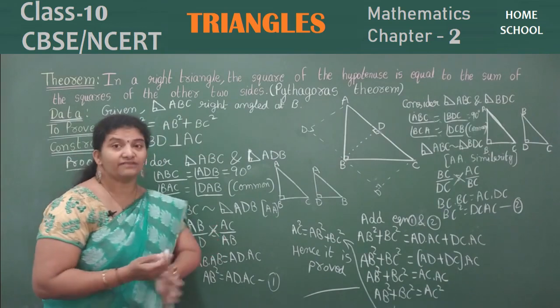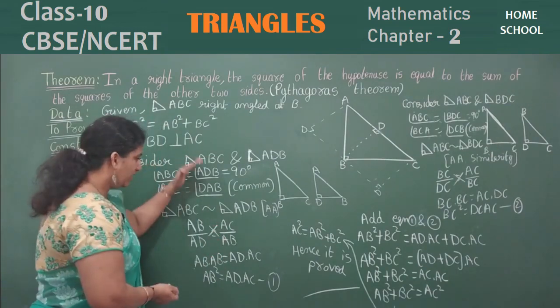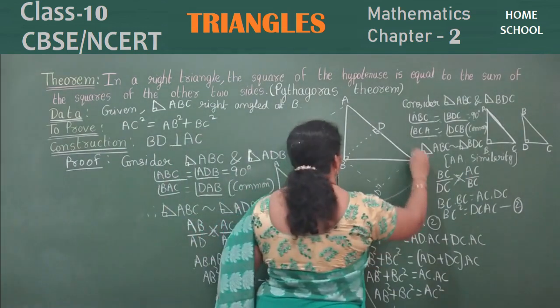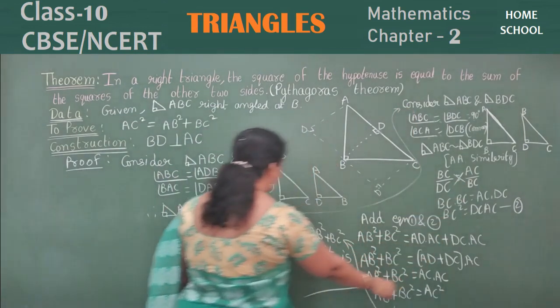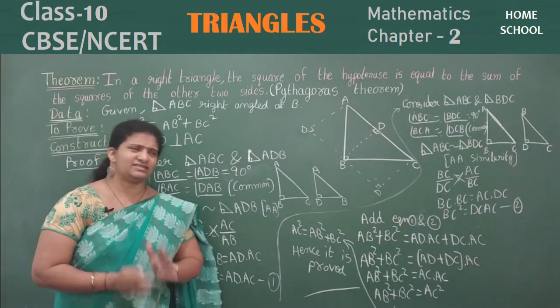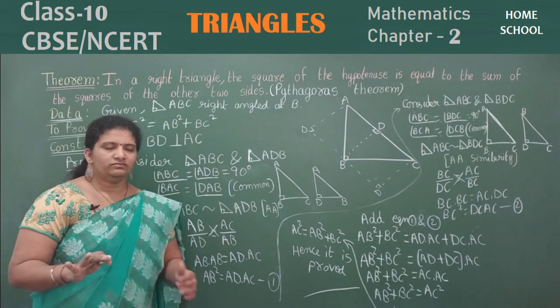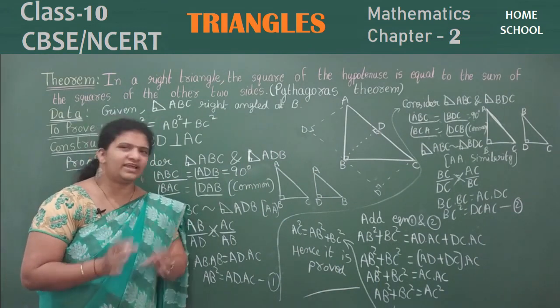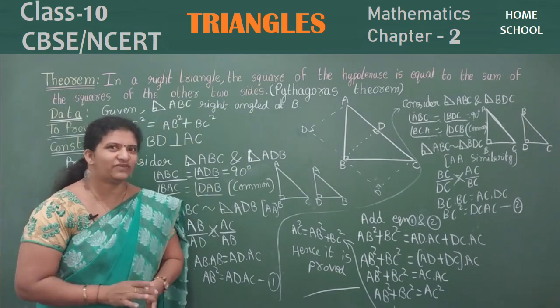See how we started our theorem. From here we have done, then from here we have dragged the theorem here, then the continuation again came here. Okay, this theorem is very easy, children. If you understand, it is very easy.